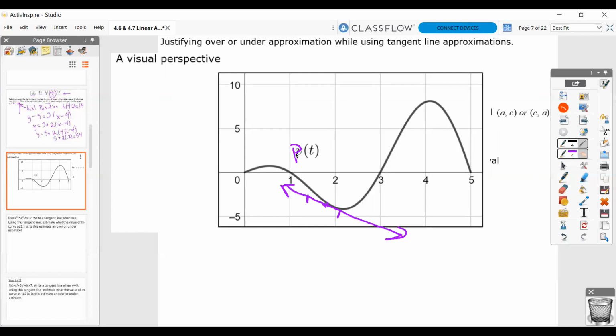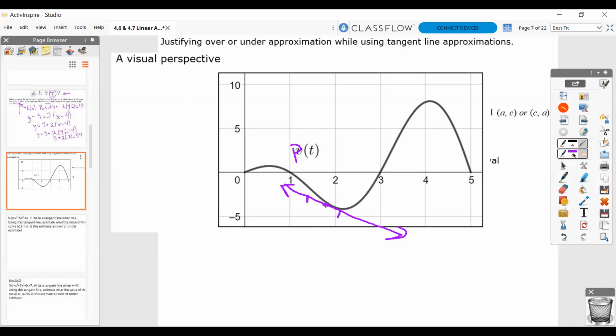We say, hey, this position function is totally concave up. No matter how we draw our tangent line, it's always going to be underneath this curve. So if I'm doing a local point, even just a little bit away either way, it's going to be an underestimate.